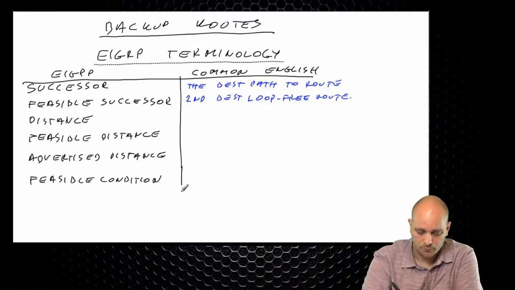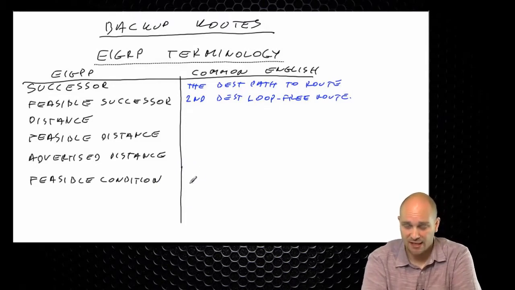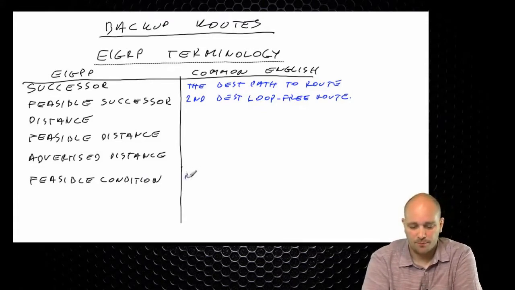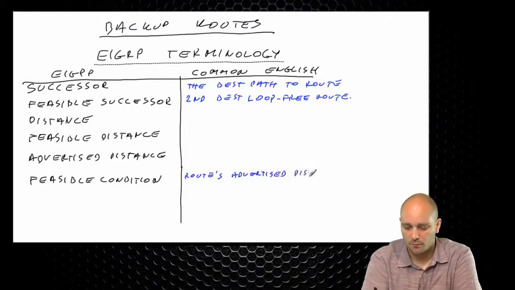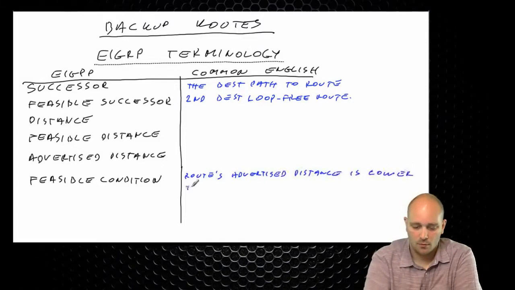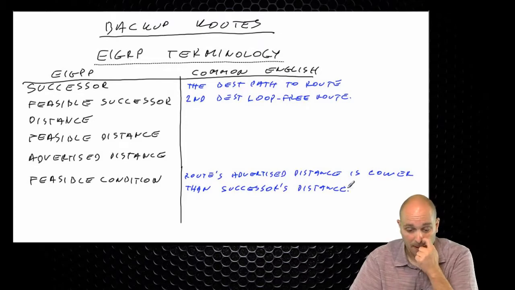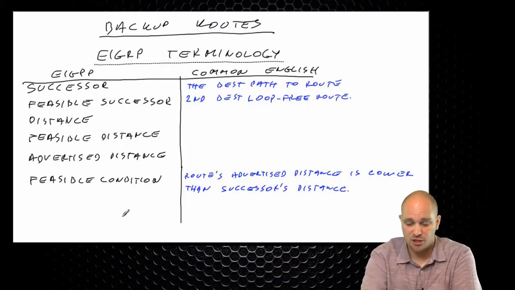Feasible condition is a situation in which, and this is a chicken and the egg situation, a route's advertised distance is lower than successor's distance. I say this is a chicken and the egg situation because here in the list I have the translations for advertised distance and the distance itself.